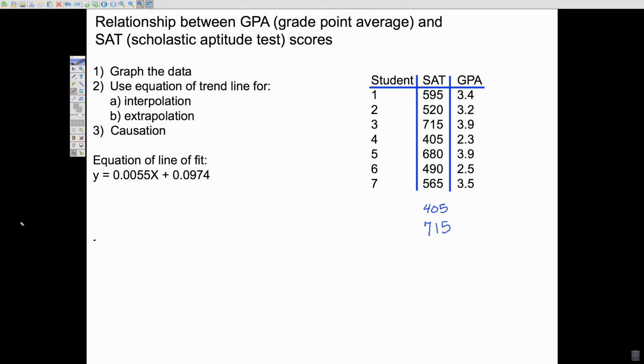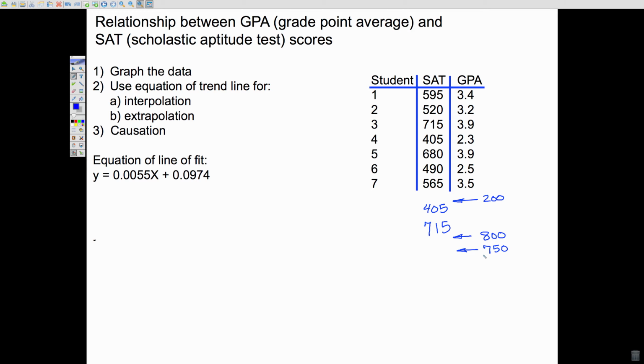Now the next question that we might ask is, what does our equation predict would be the GPA for SAT scores that are either lower than or higher than scores in the table? For instance, what if someone's score on the SATs was 200? Or what if their score was 800? What if their score was 750?